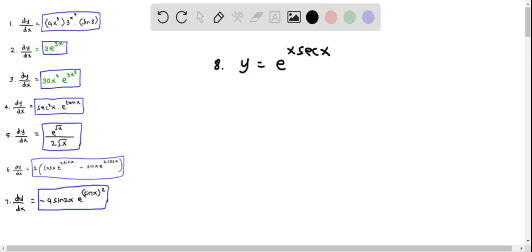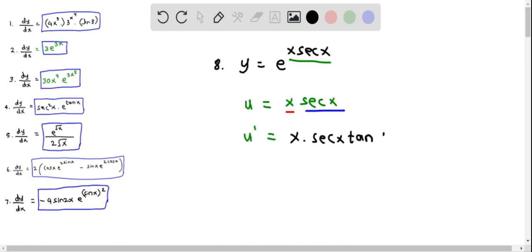We now find the derivative of y equals e raised to the power of x secant x. Here we replace this x secant x by u. We are making this substitution for u equals x times secant x. So let's find its derivative, that is u prime. We differentiate both sides with respect to x. And here we have to use the product rule. So we can consider this as first and this as second. I write the first, multiply this with the derivative of secant x, which is secant x times tangent x.